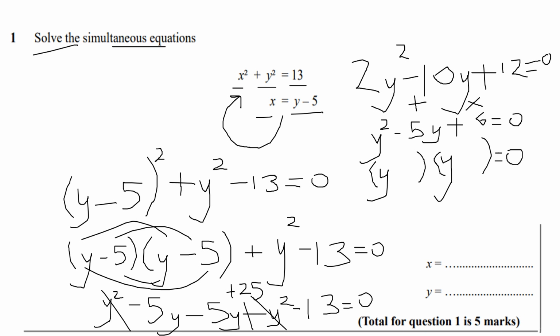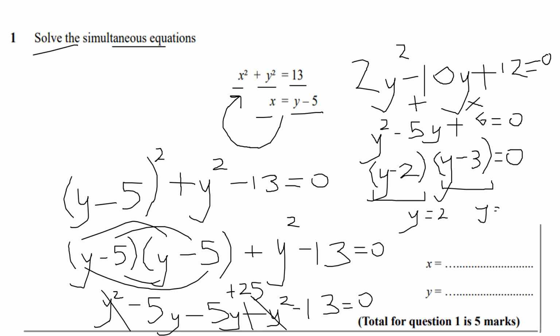Well, that would be minus 2 and minus 3, because minus 3 plus minus 2 gets you to minus 5, and then minus 2 times minus 3 makes positive 6. So our solutions are when y minus 2 equals 0, or when y minus 3 equals 0. So solutions are y is equal to 2 and y is equal to 3.